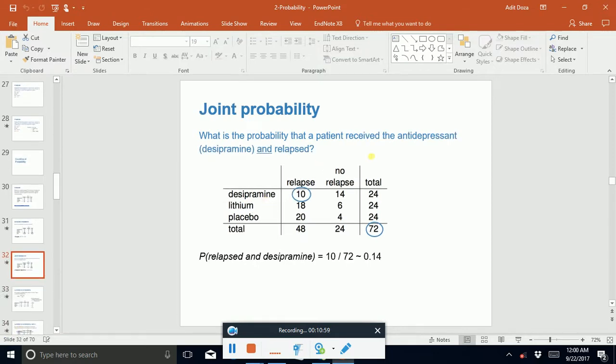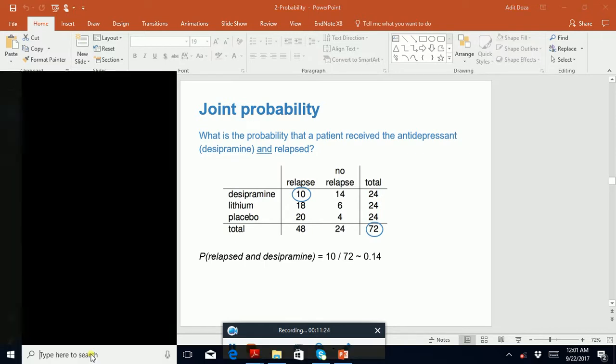And what is the probability that a patient received the antidepressant and relapsed? So when it's an and, as I showed you guys in the Venn diagram, it's the common overlap area, right?